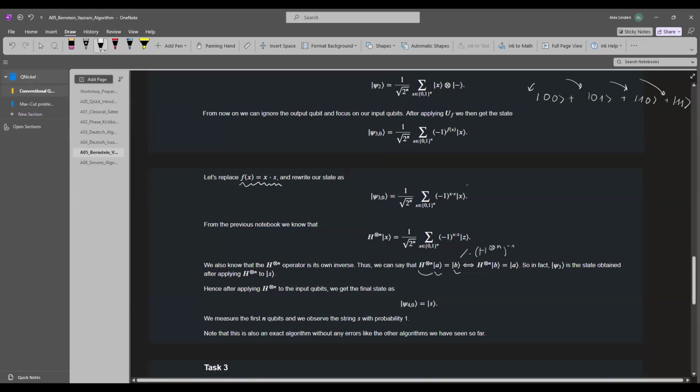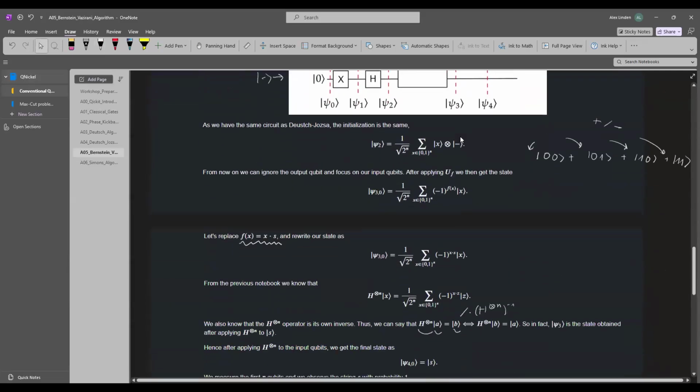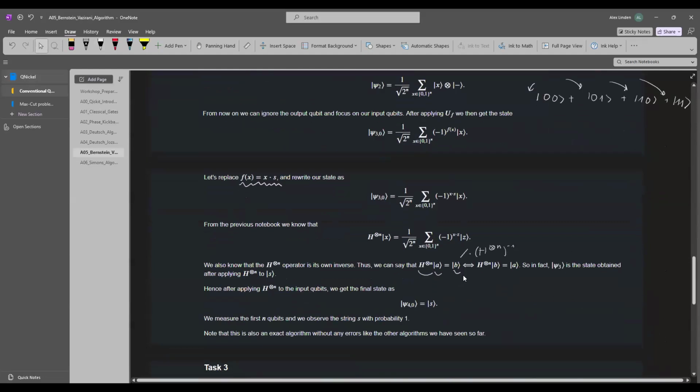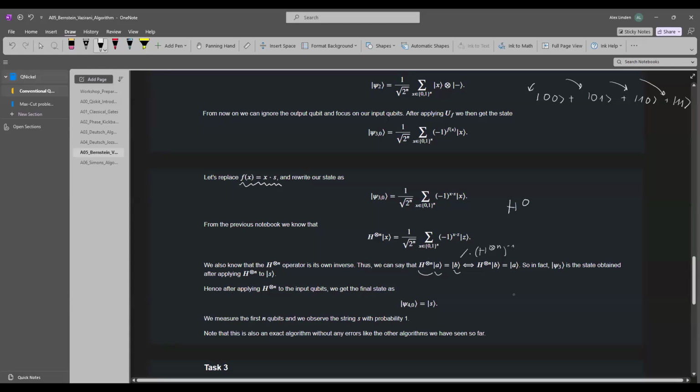This will cancel out. Here we're getting the Hadamard gate applied n times and then just switching sides to illustrate it. And so what is psi 3 again? We get psi 3 if we apply Hadamard onto S.